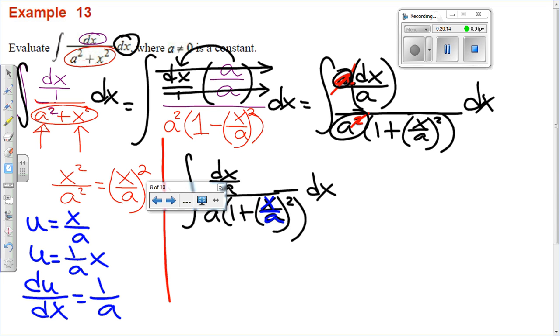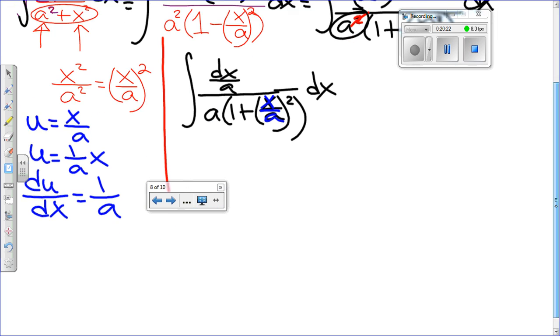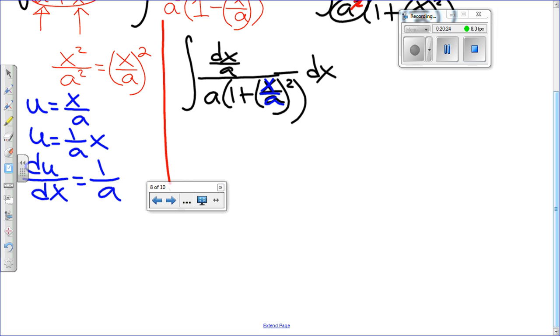And now from here, for notation purposes, what we're going to need is du. So du is going to equal 1 over a.